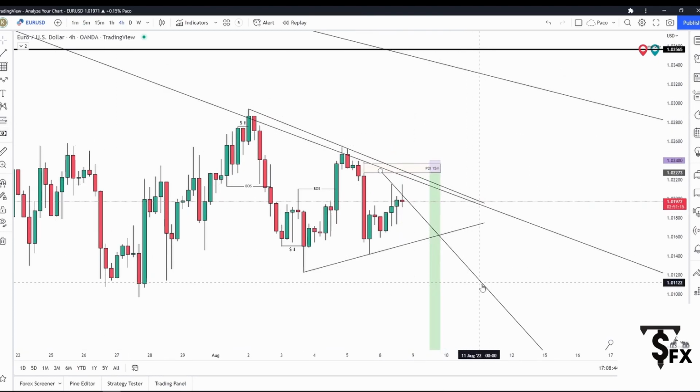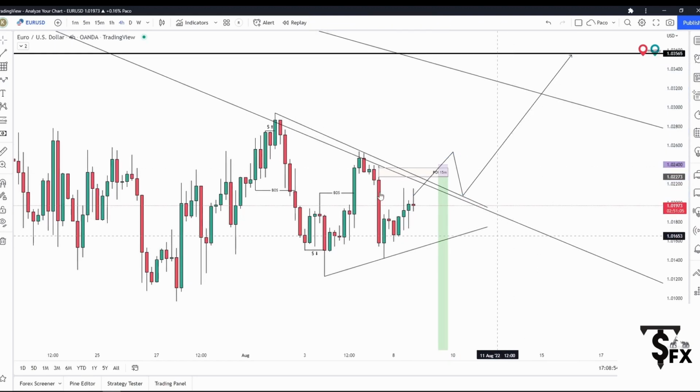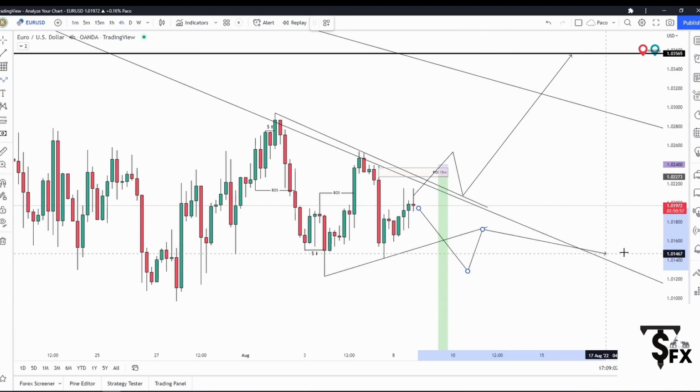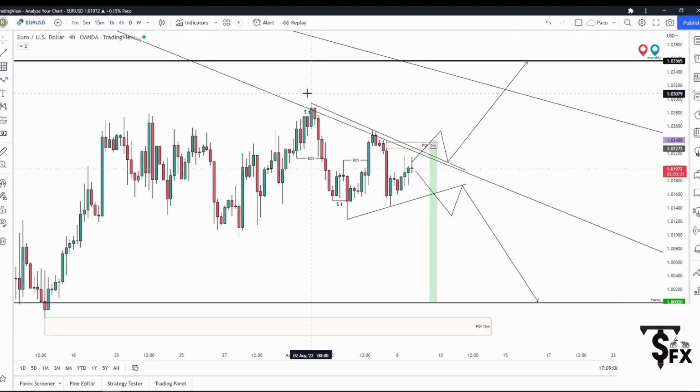If the price breaks this trend line, we expect a test and a new up movement. If the price breaks this trend line here, we expect a test and we expect the price to go to the parity. As you can see, this impulse wave is almost like from here to the parity.